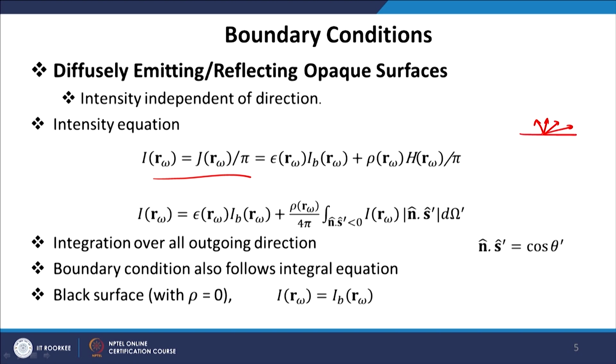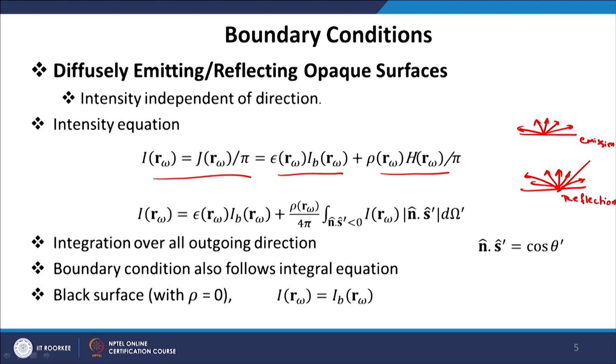So, this is the intensity leaving the wall. It has two components: the emission from the surface, and the diffuse reflection of the radiation coming onto it. So, this is emission and this is reflection.